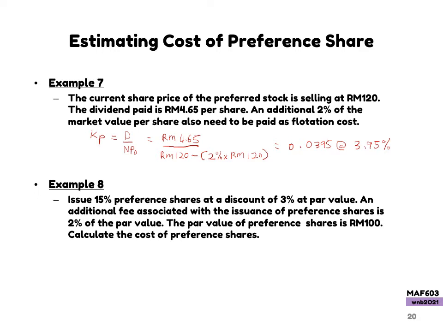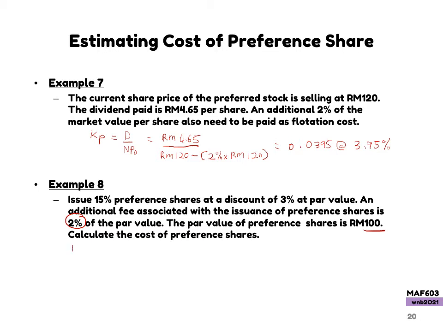An additional fee associated with the issuance of preference share is 2% of the par value. Flotation cost here is 2% of the par value. The par value is given to us as 100 ringgit. Calculate the cost of preference share.